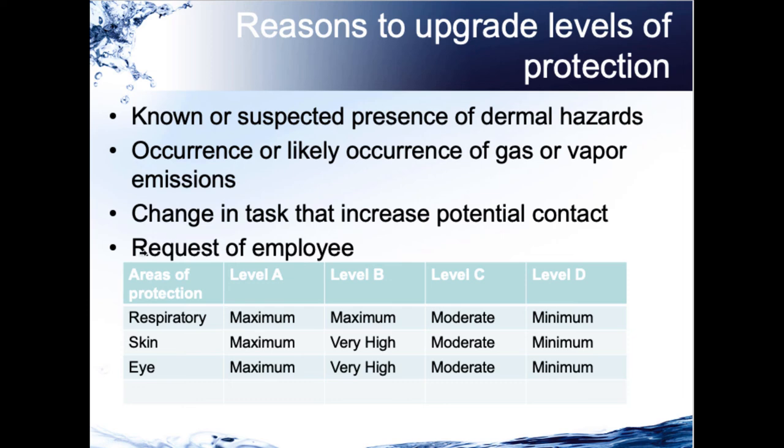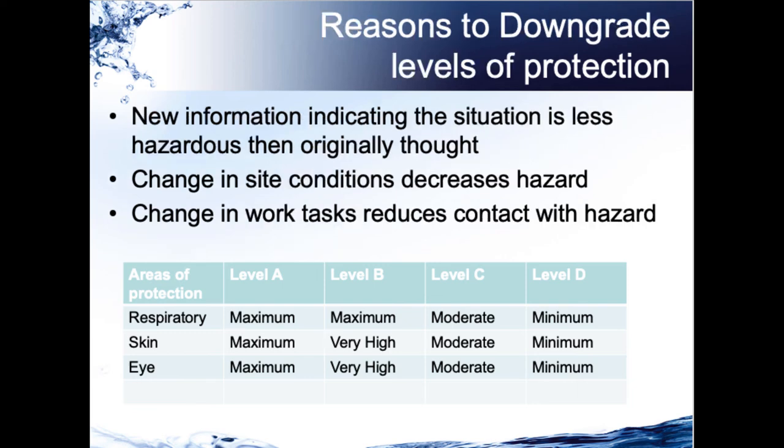And then I think that this really is a nice table that gets you geared into how you downgrade. And also, when you have new information or a worker is requesting, you can show them the different levels of personal protective equipment and then figure out what works best for them and the environment.